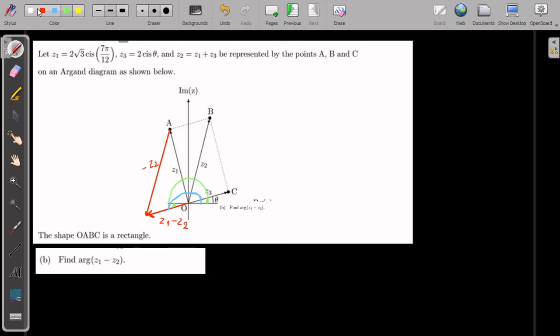So basically, the argument of Z1 minus Z2 will be pi plus pi over 12, the argument of Z3, which is 13 pi over 12. Very geometry helps a lot again.